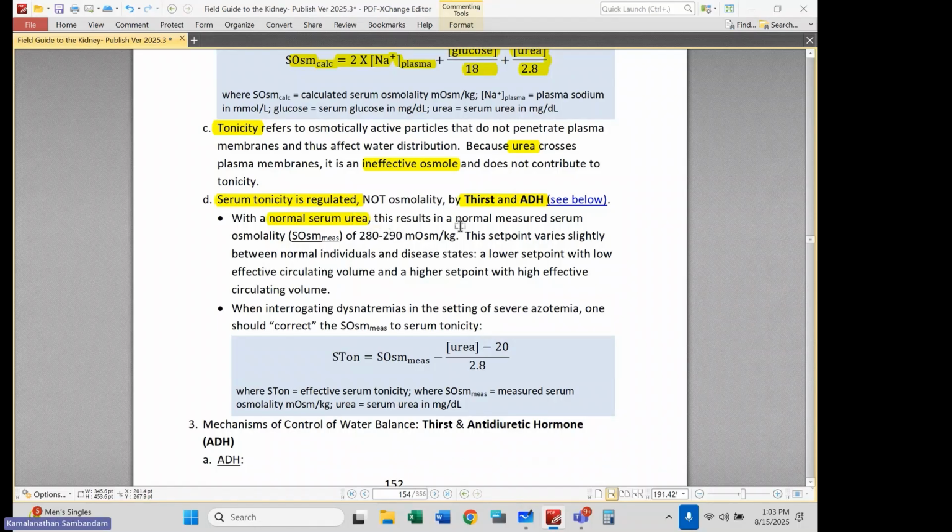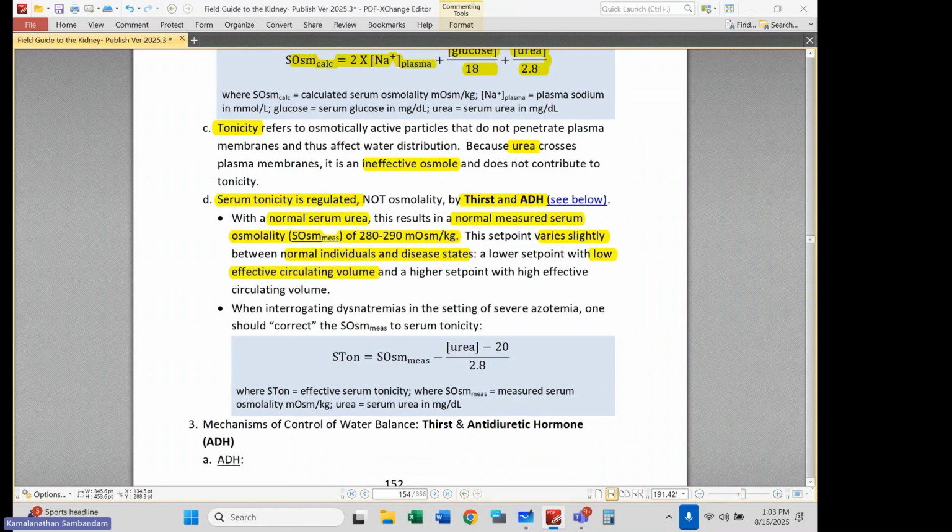If I have a normal serum urea, my normal measured osmolality is 280 to 290, somewhere around that range. But again, if my serum urea is not normal, you may have a very different measured serum osmolality. Okay, there is a variation between individuals and certain disease states.